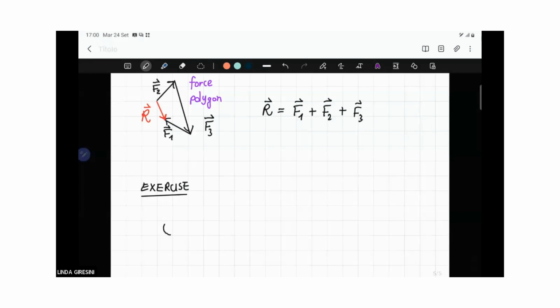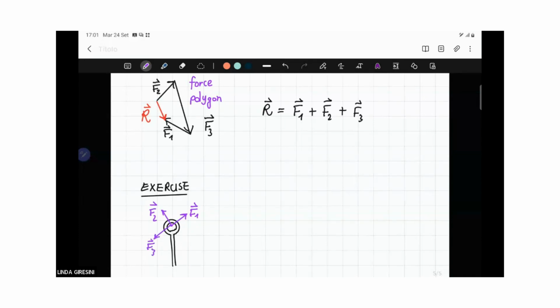So we have a round eye bolt, which is subjected to multiple forces. These forces are F1, F2, F3.